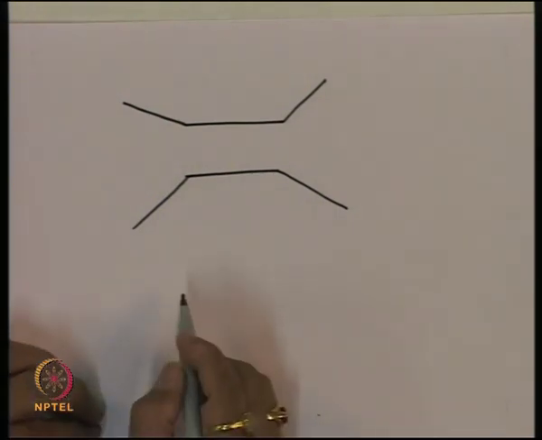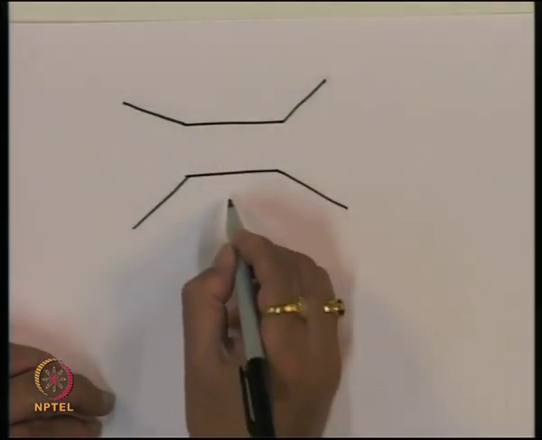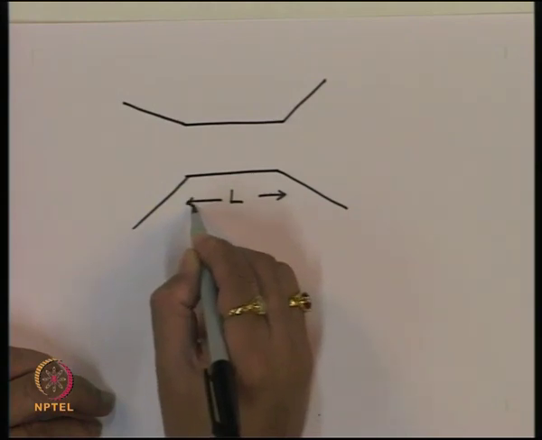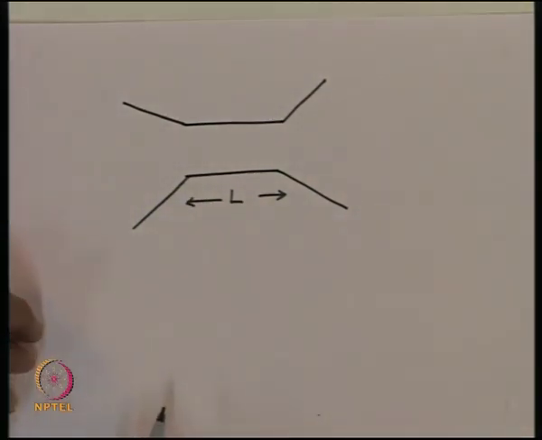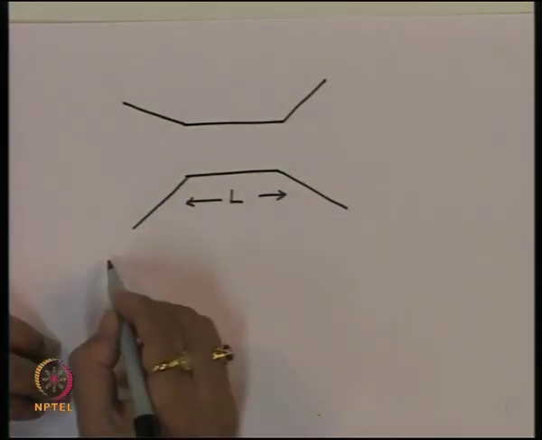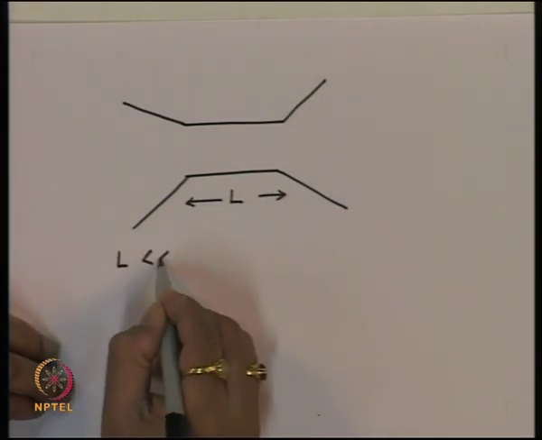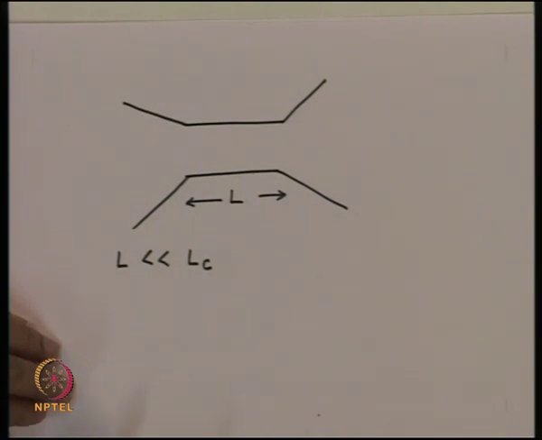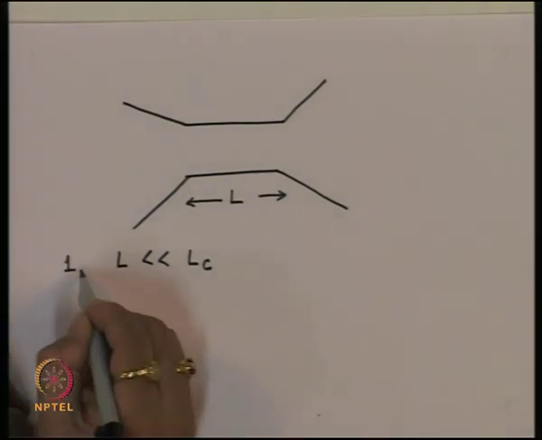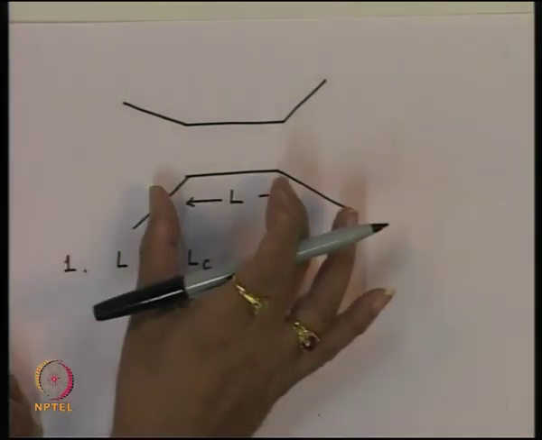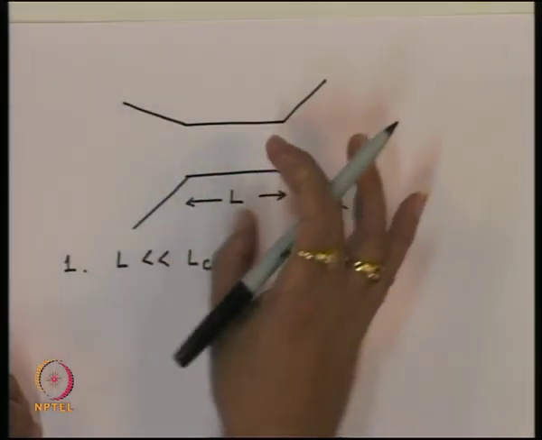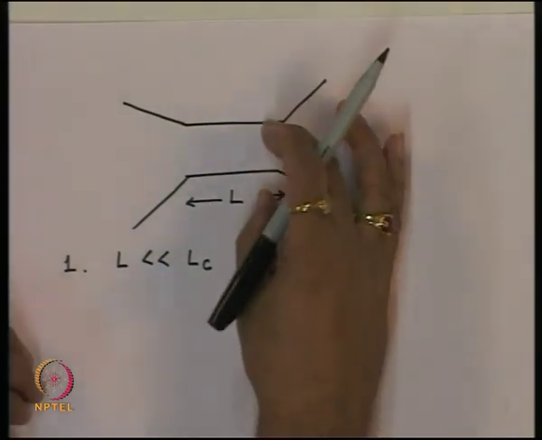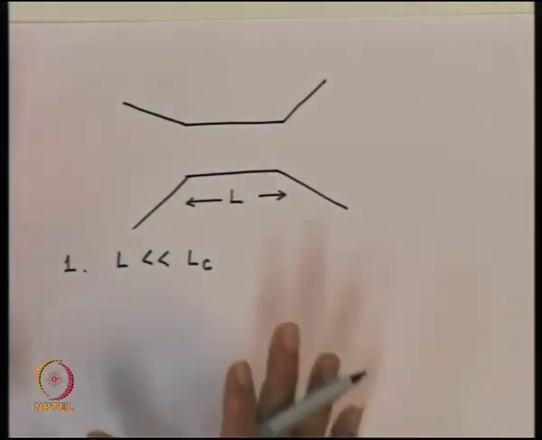So now, if you take this length L, which is the actual length of the device, let us say situation 1, where L is much smaller compared to LC, that is, the actual length over which the interaction takes place is much smaller compared to the coupling length corresponding to these dimensions and separation.